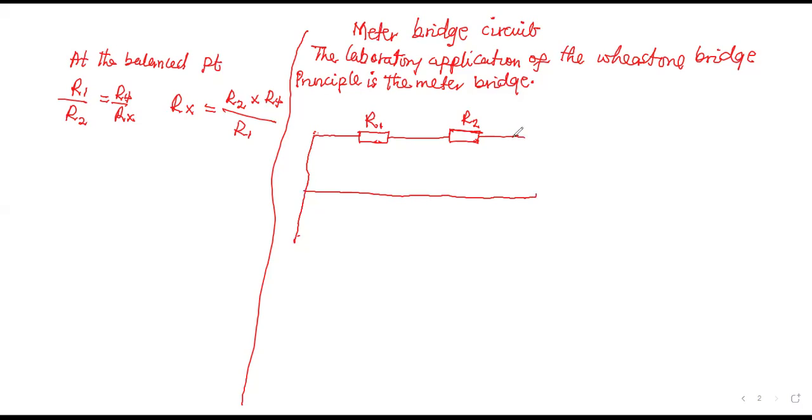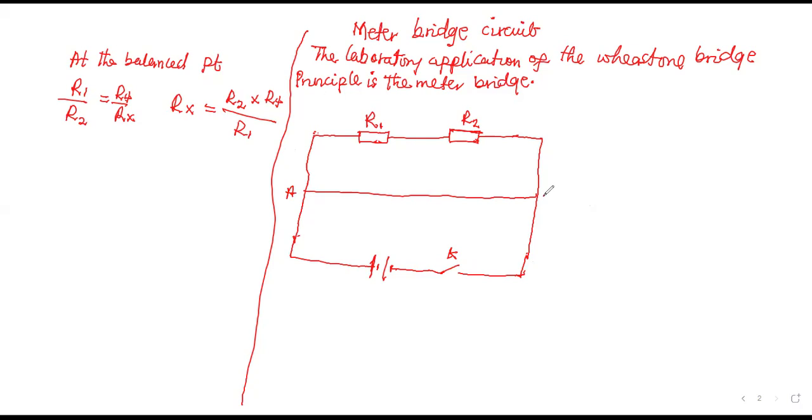So this is the Wheatstone bridge circuit. I'm sure you've seen the meter bridge in the lab before. Because current must flow through it, there is a battery. Then there is a key, because we want to always control the flow of current. This is the key.